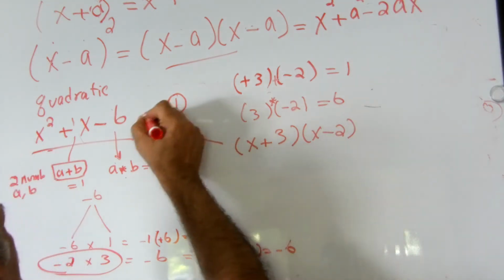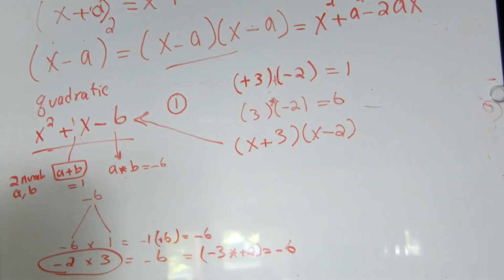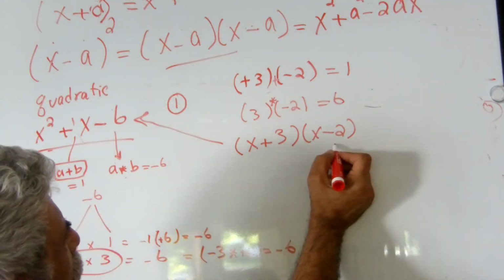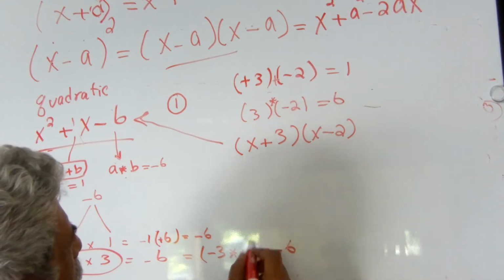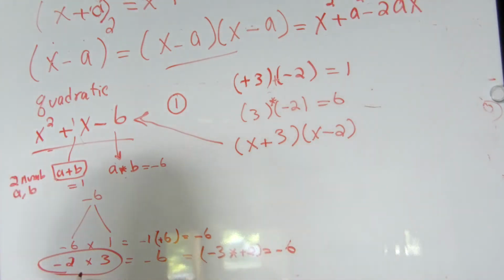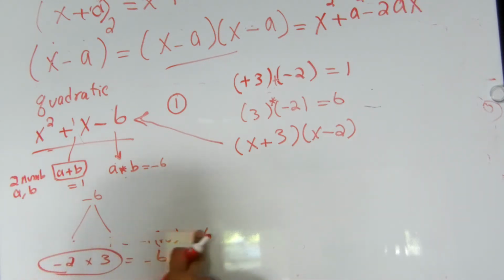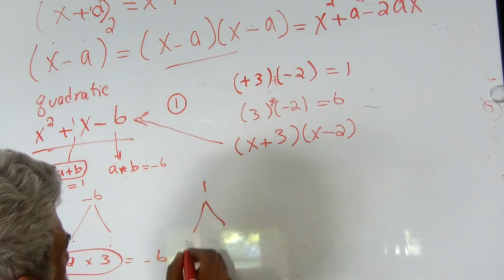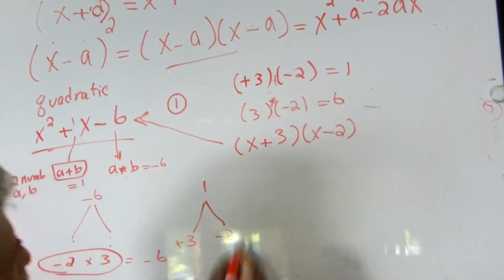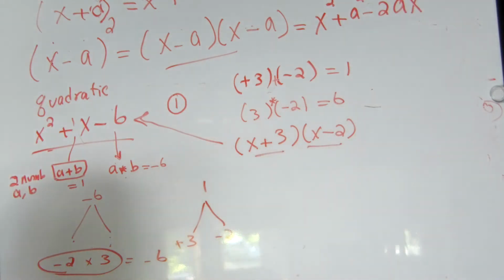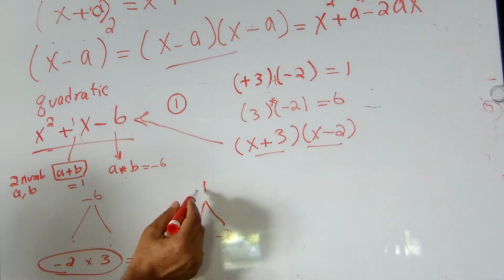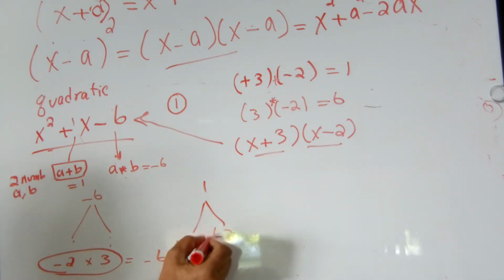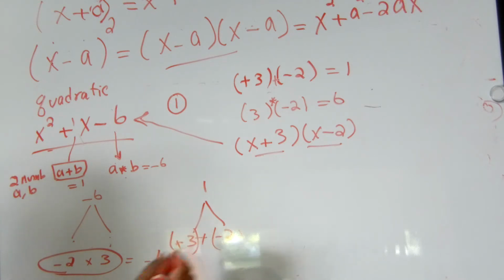If we multiply, we are going to get minus 6, and if we add plus 3 and minus 2, we are going to get 1.